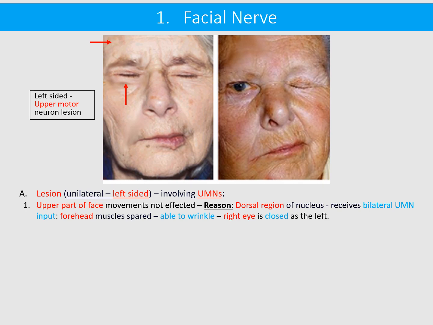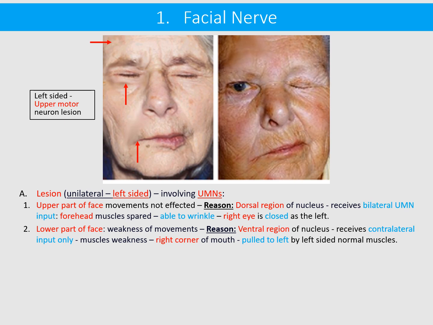Reason being that the dorsal region of the nucleus meant for upper part of the face receives bilateral upper motor neuron input. Hence, the forehead muscles are spared and the patient is able to wrinkle his or her forehead. At the same time, right eye is closed as the left eye.